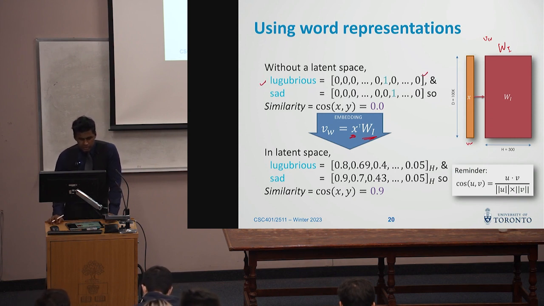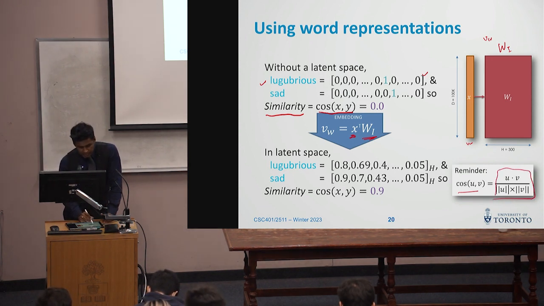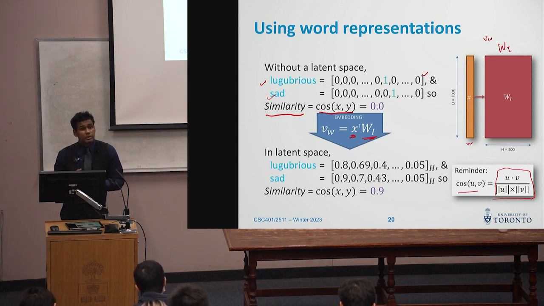So this doesn't capture any semantic similarity, although lugubrious and sad are semantically similar words. But once you take the embedding, you get a dense form of representation in floating point numbers. And in the latent space, once you repeat the cosine similarity function, you see that it gives us 0.9, which is right because lugubrious and sad are related words, so they should have a high similarity measure.